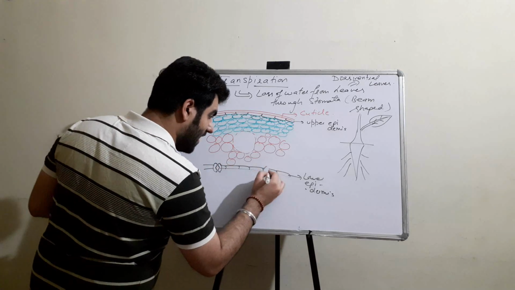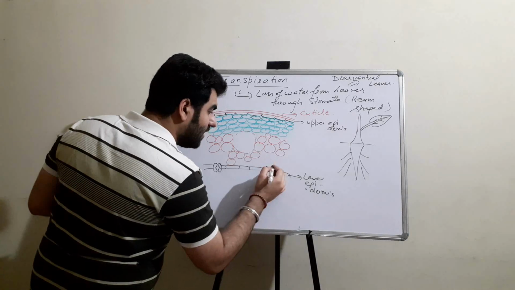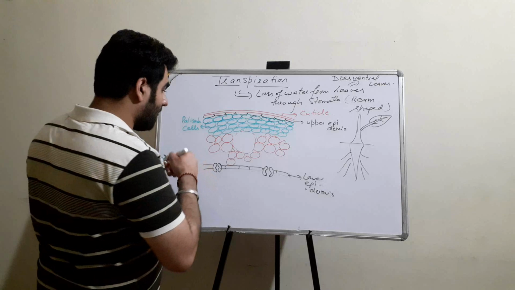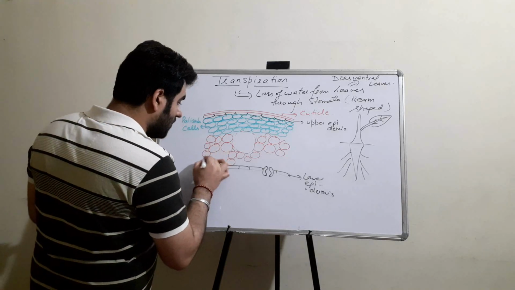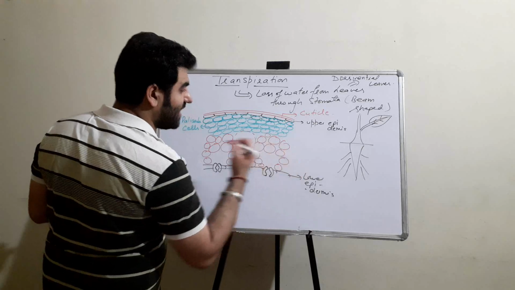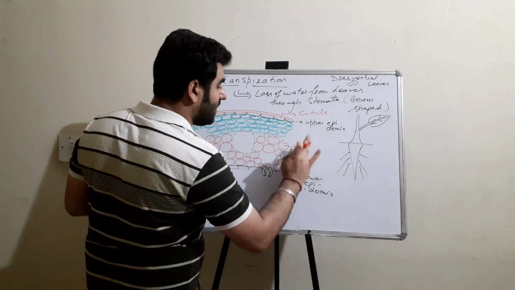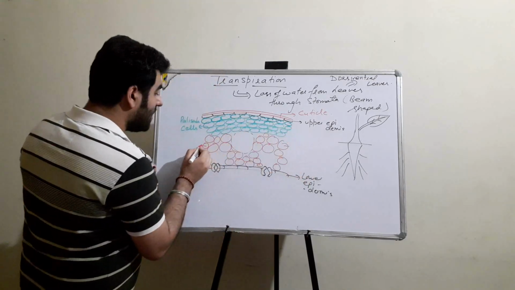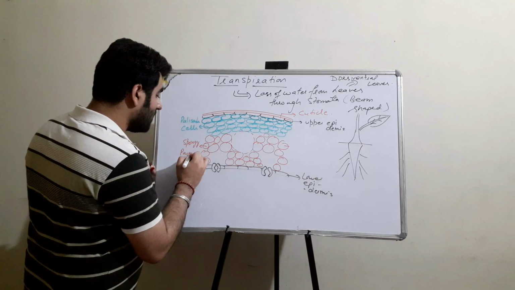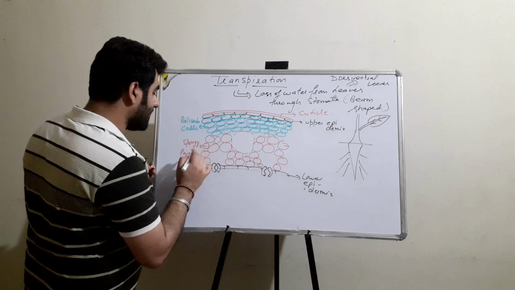So this is one stomata. Just as an example, we are making two stomatas. So these are loosely packed cells. Let me label it on this side again: these are known as spongy parenchymas.